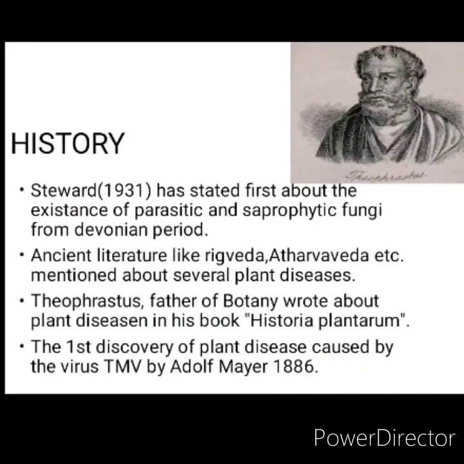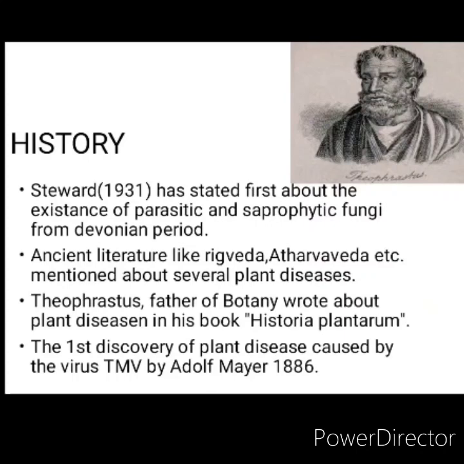Now we move on to the history of plant pathology. The earliest known writings refer to many important facts about plant diseases. According to Seward 1931, from the Devonian period onward and even from a more remote age, there were parasitic and saprophytic fungi.